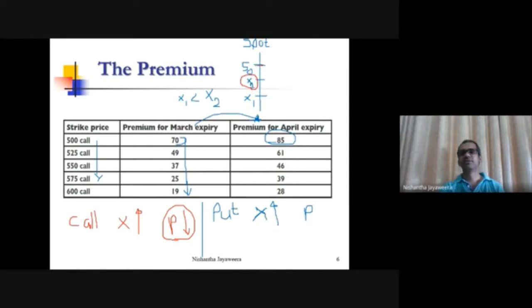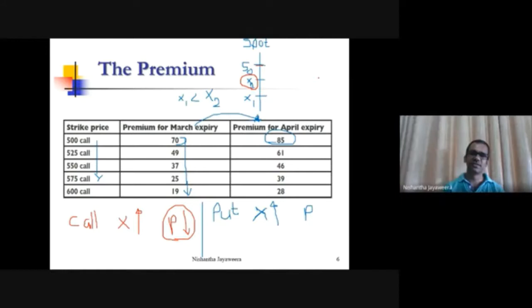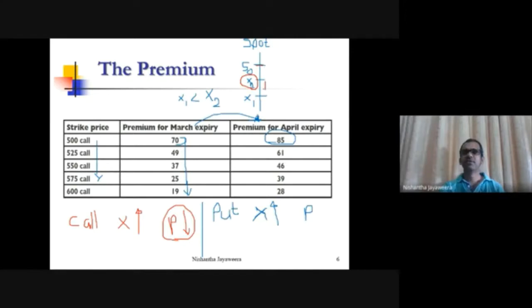What do you do? You do not exercise. For you to exercise your put option, the price should be below the strike. So if the price goes down somewhere here, you exercise your right. The price should be lower than the strike for you to exercise your put option.